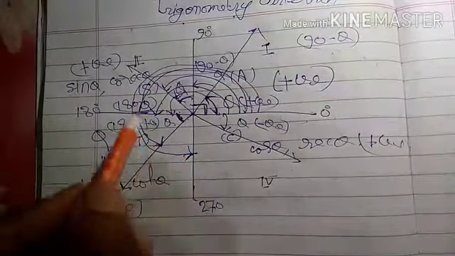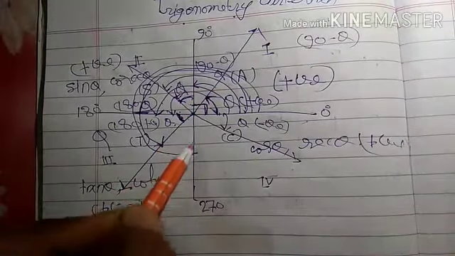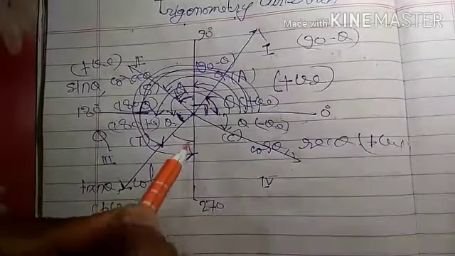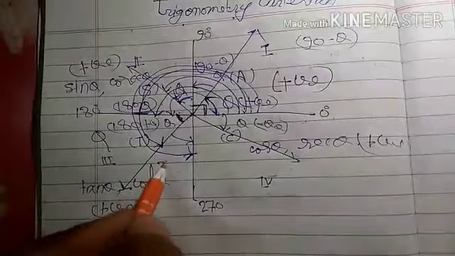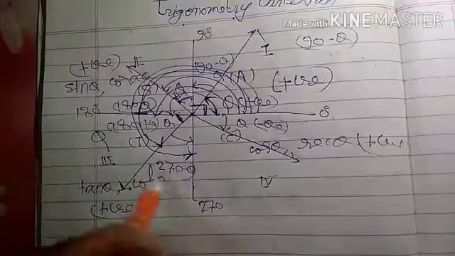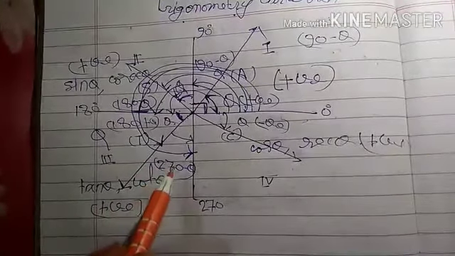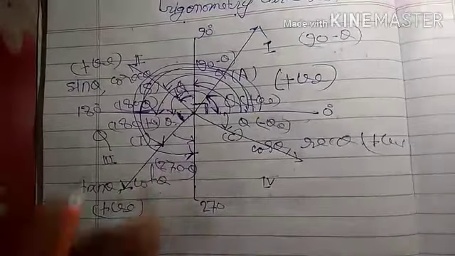Suppose this angle is θ, so this angle is 270 minus θ. 270 minus θ is in the third quadrant. So we talk about 270 minus θ.